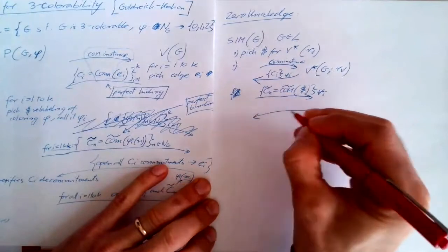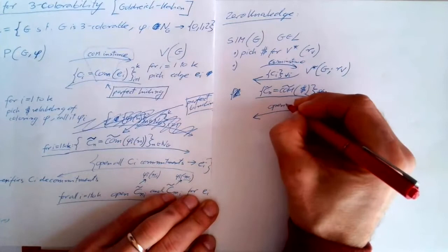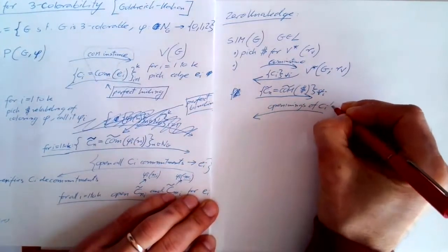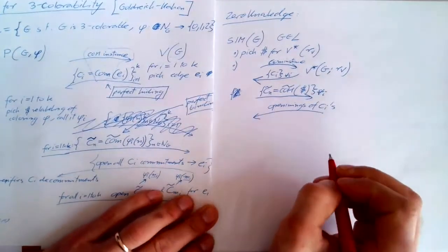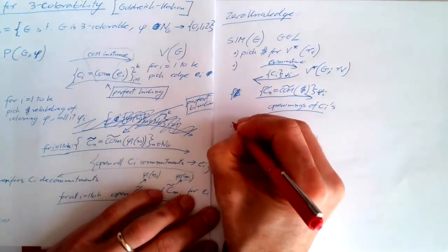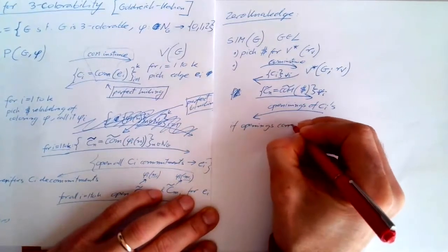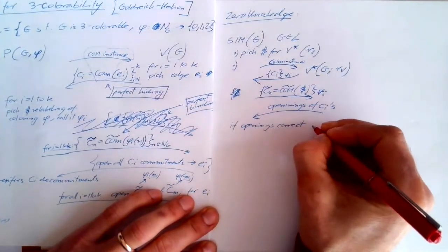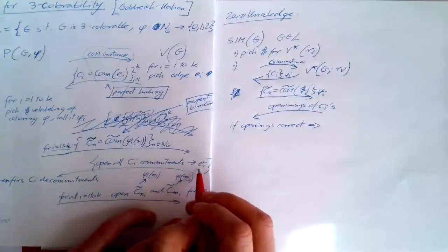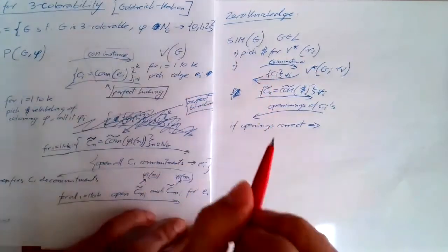Now, let's say that this guy does open openings of the CIs. If openings are correct, then at this point, the simulator knows all the EIs that were chosen in these commitments.